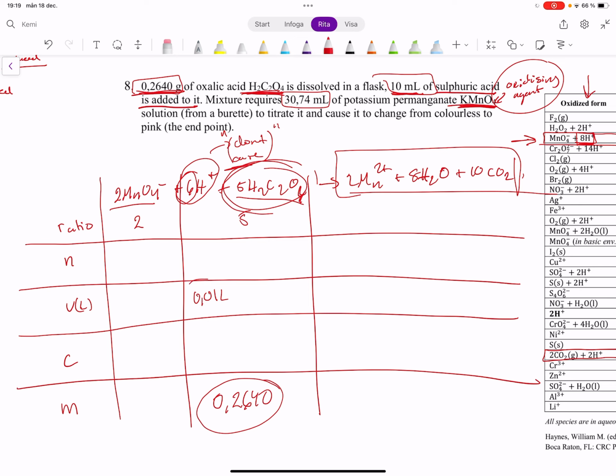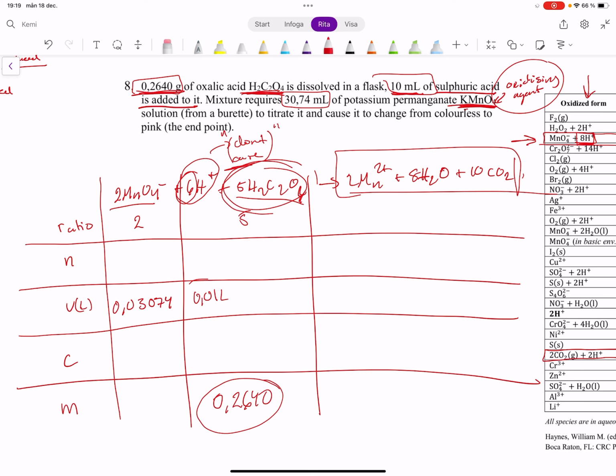And then we have a mixture that requires 30.74 milliliters of potassium permanganate from the burette to titrate it. So basically we have 30.74 milliliters of potassium permanganate.